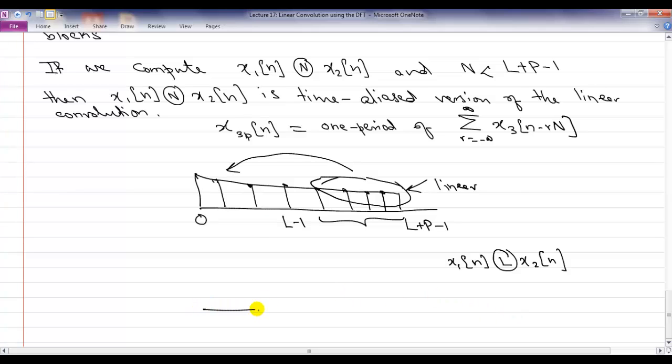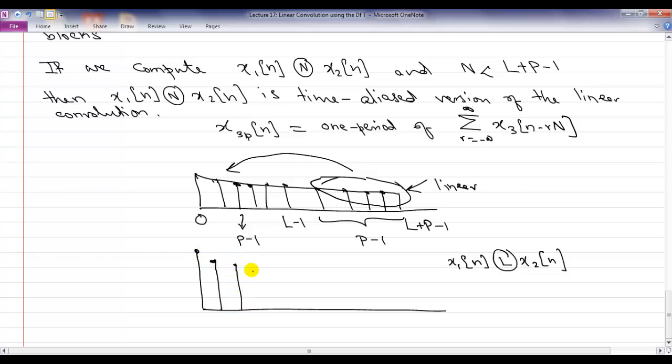So in this linear convolution, let me do another line here. Let's say this was P minus 1, and these are P minus 1 samples, so these P minus 1 samples are going to get added to the first P minus 1 samples, and I will get some corrupted version of the first P minus 1 samples.